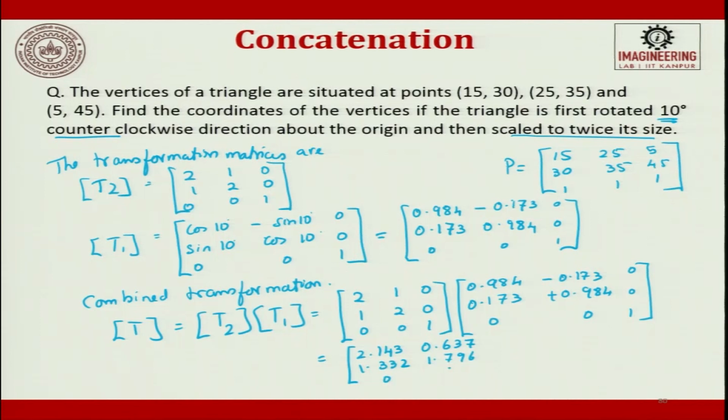Okay. Then you will have 0, 0, 0, 0, 1. So, this is the transformation matrix. If you want to find the final answer, this is nothing but T. Our final answer will be P star, which is nothing but T multiplied by P.